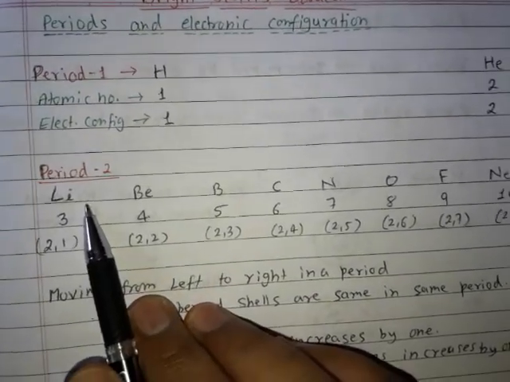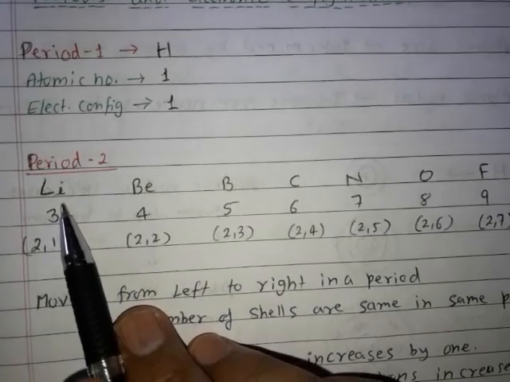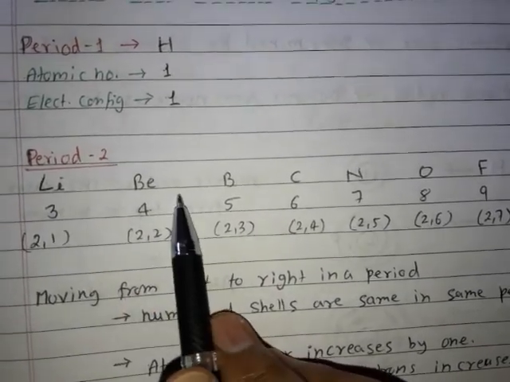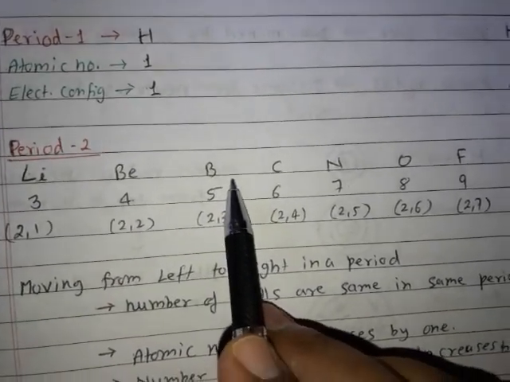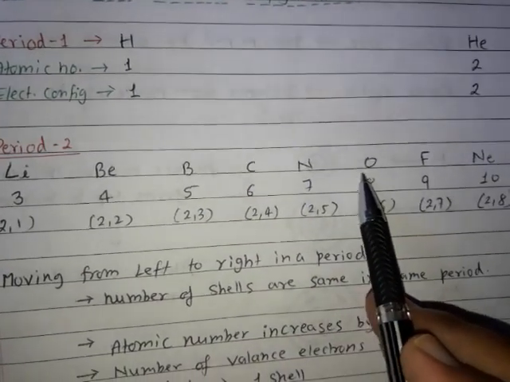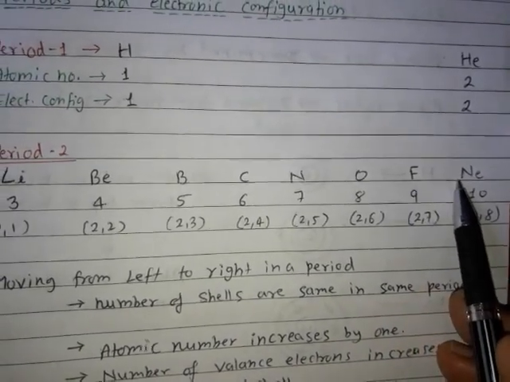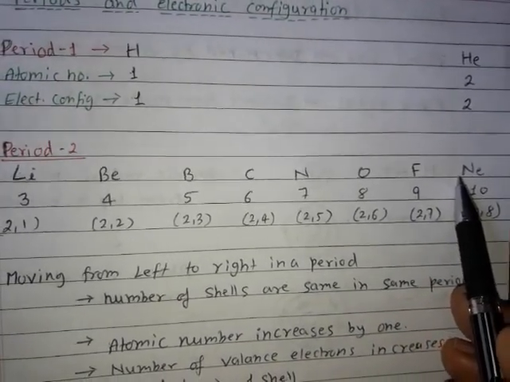So here are some elements of period 2. In period 2, the first element is lithium, second is beryllium, third is boron, then carbon, then nitrogen, then oxygen, then fluorine, and the last element of period 2 is neon.